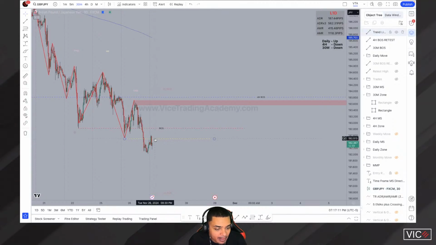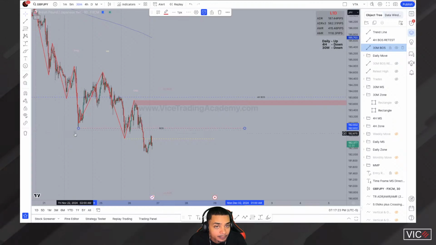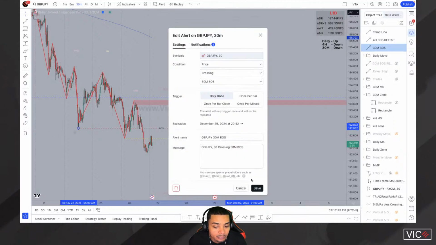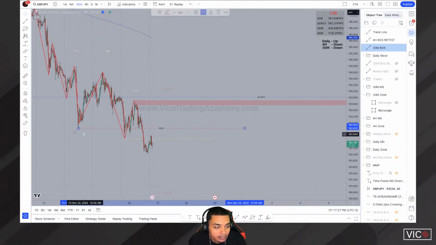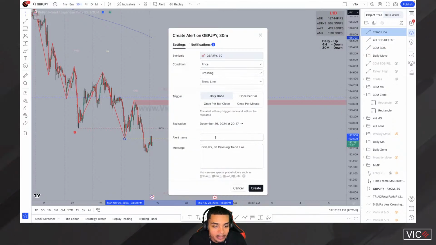Want price to come back, maybe retest here. But the best scenario, if it comes back up, retest here to then continue. So my POI still stays up here. Turn that on and add one here too.